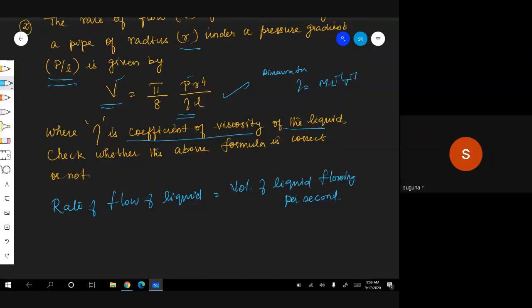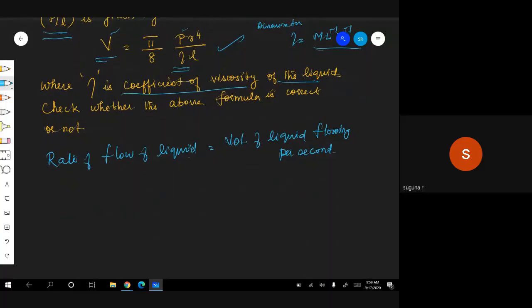Coefficient of viscosity is M L power minus 1 T power minus 1. That is given because you don't have an idea. All the other things I think you know. Pressure, you have an idea. Pressure gradient means P by L. R is the radius of the pipe through which the liquid is flowing. And V is the rate of flow of liquid, that is, volume of the liquid flowing per second. So everything is given. Now, what you have to do is check whether this equation is correct.